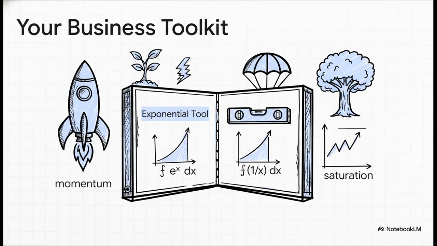You have the exponential model. That's what you pull out when you're looking at momentum, things like early-stage growth, viral marketing, compound interest. And then you have the logarithmic model. That's for analyzing maturity, things like market saturation, the life cycle of your assets, and the efficiency of spending more money on something. Knowing which model to apply to which business situation, that is the hallmark of a truly sophisticated business analyst.